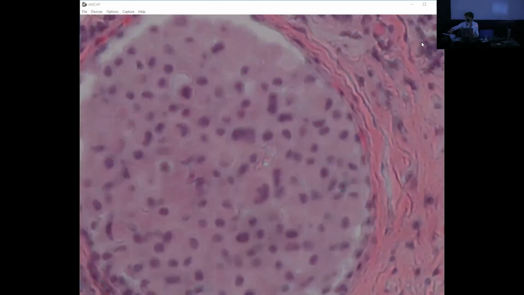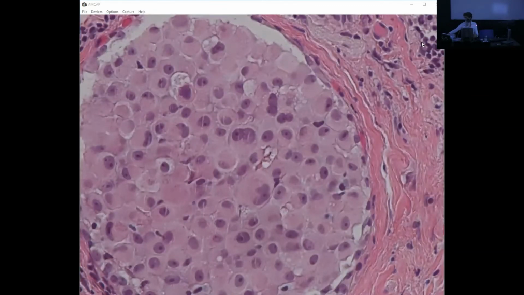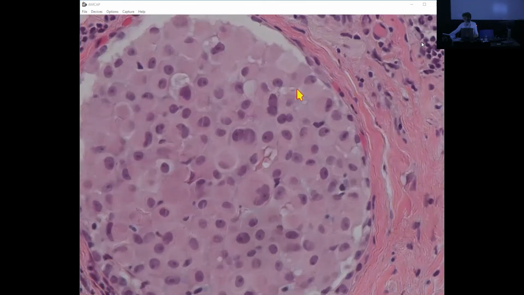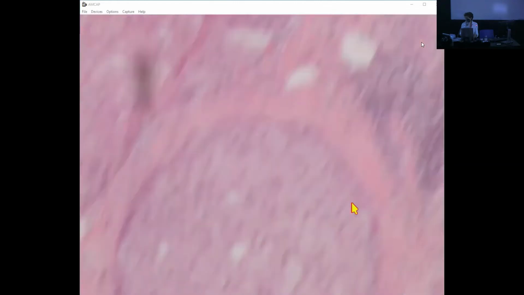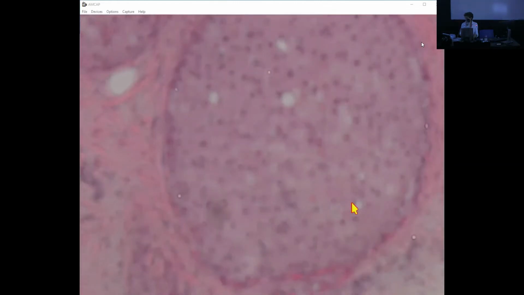There are, again, scattered binucleate cells, focally trinucleate cells, perhaps, with larger nuclei. Here, this particular focus has a more pleomorphic appearance, but it's one area. How do you report these cases, Laura?